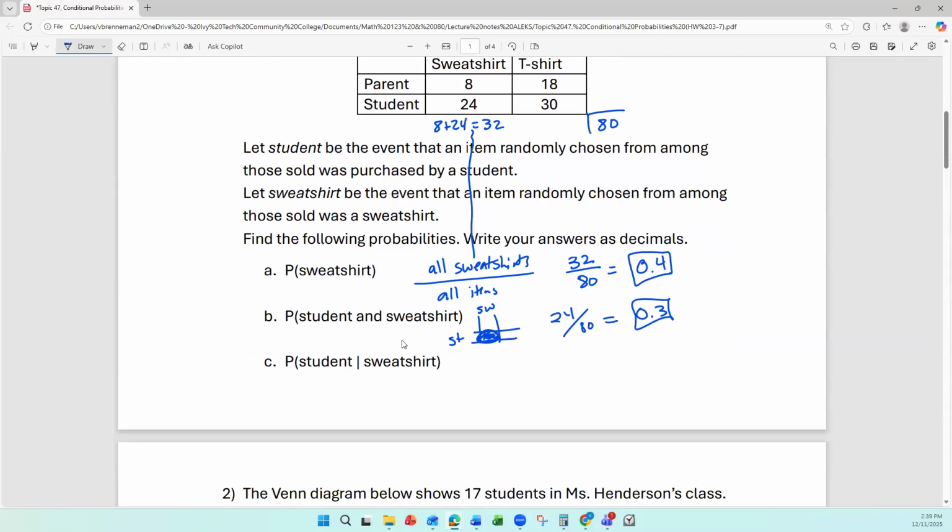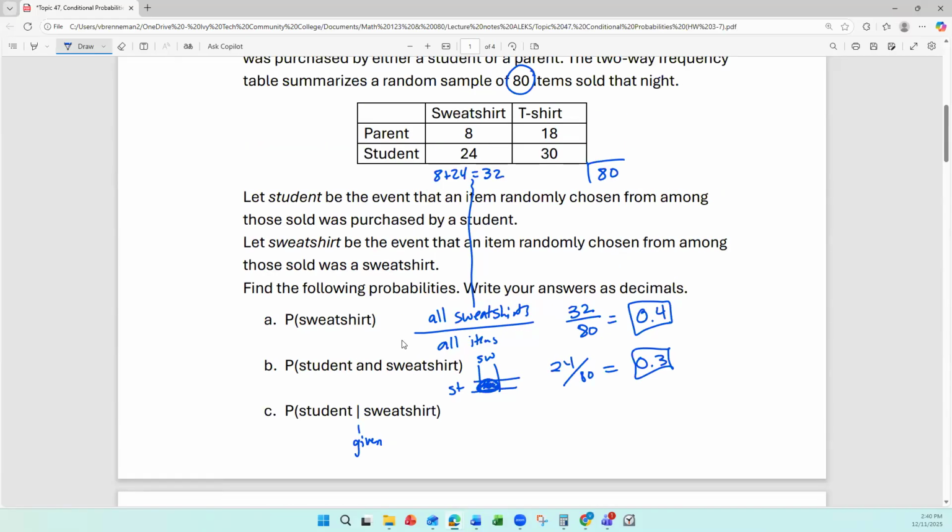Then this means student given sweatshirt, or in other words, the probability of choosing a student given that you have already chosen a sweatshirt. So that's going to be, out of the sweatshirts, the students that bought sweatshirts.